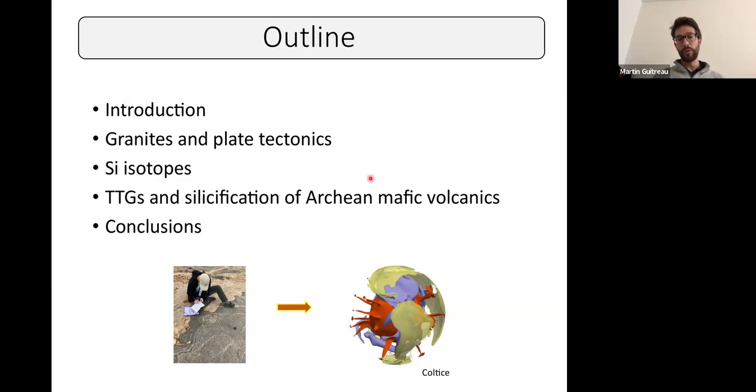Then I will go into the details of these Archean granitoids and what information they provide about their source and the geodynamic environments in which they likely formed. And then I will conclude. These small images give you a sort of summary of my approach, which is looking at granitoids as a proxy of the global geodynamics, which can be quite dodgy, but we have to deal with this at some point.